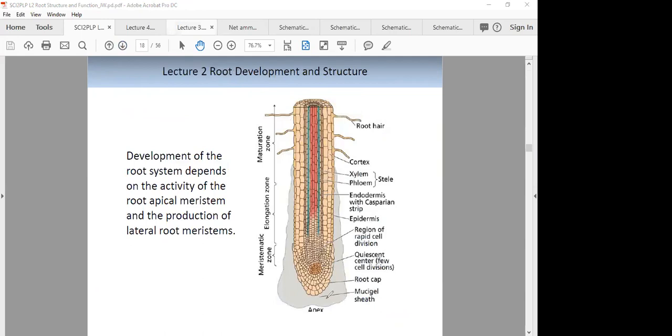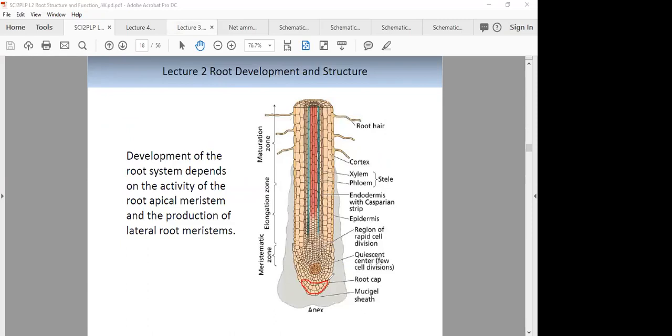and we'll start down here with these cells referred to as the root cap. And can anyone tell me what the substance is that's secreted by the root cap cells? What is the substance secreted by the root cap cells?